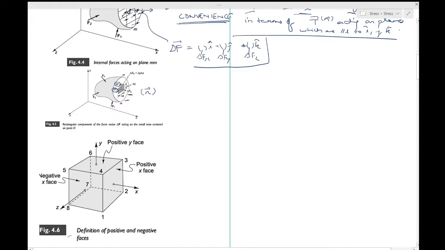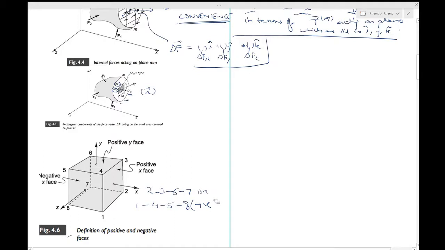So in this particular figure, faces 1, 4, 5, 8 are positive. Okay, 1, 4, 5, 8 are positive faces, and 2, 3, 6, 7 is a positive Z face.